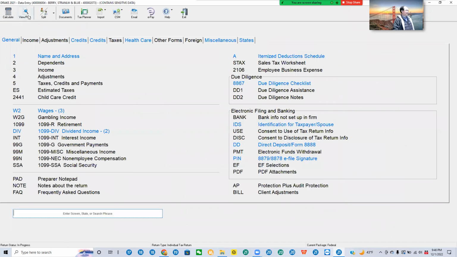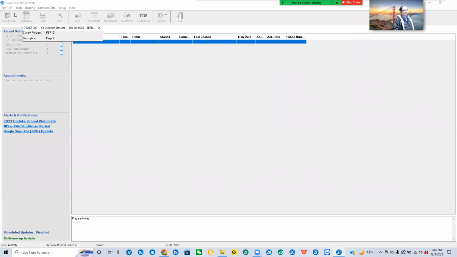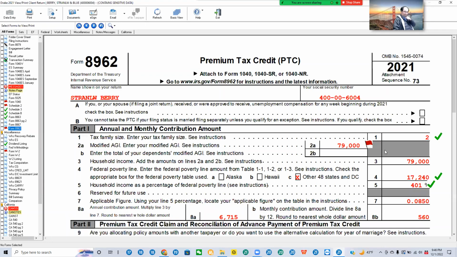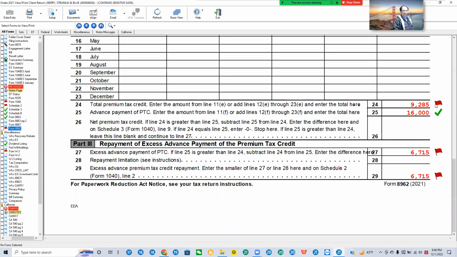So now, in this situation, their income is less, but they are still only supposed to be qualified for this much. They will take this, so they still need to pay back.